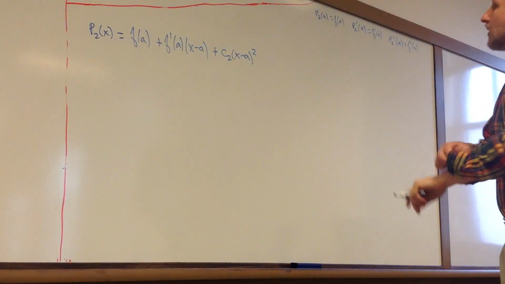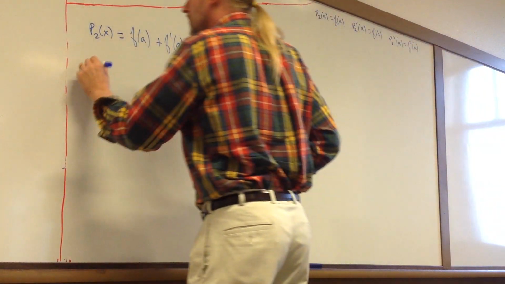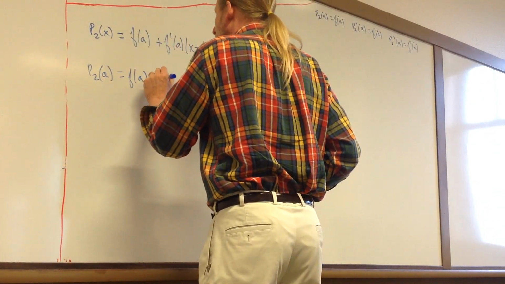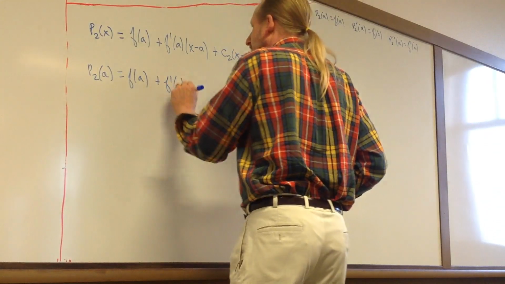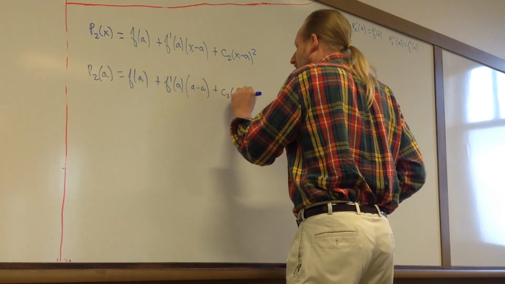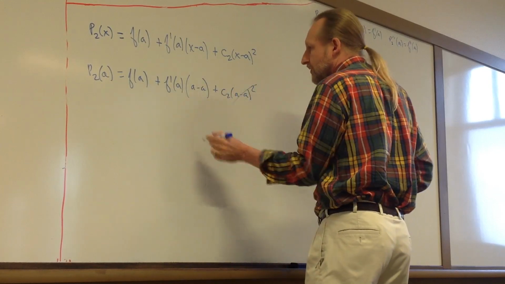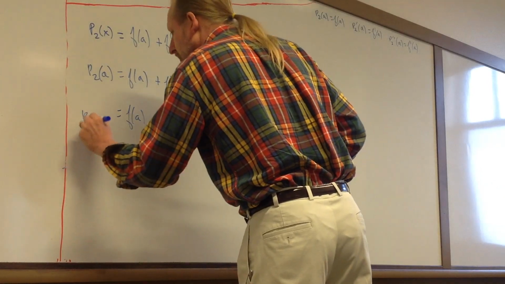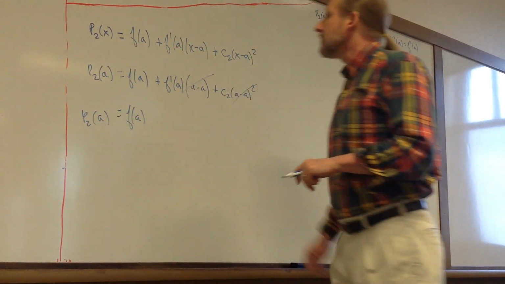All right, so let's see here. P2 at a, this will stay the same. We'll get f prime at a, and then any place we have an x, we'll plug in the a. So these are zeros, and again, P2 at a is going to be equal to f of a.